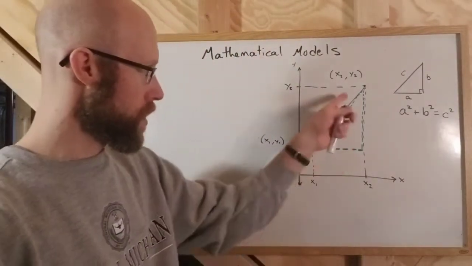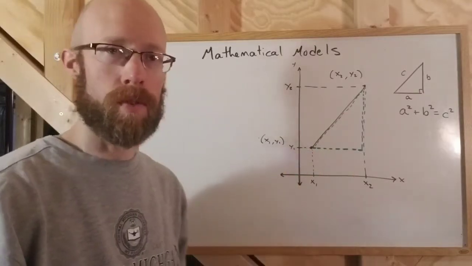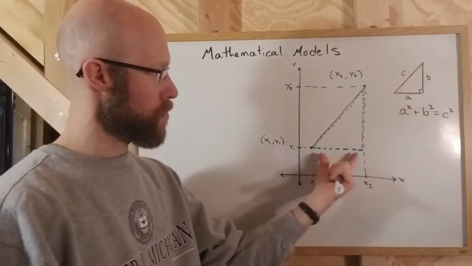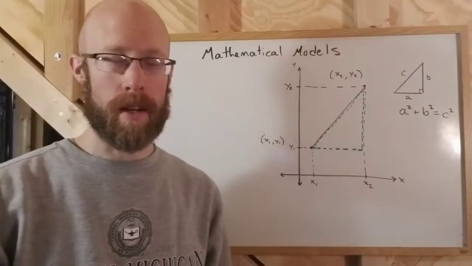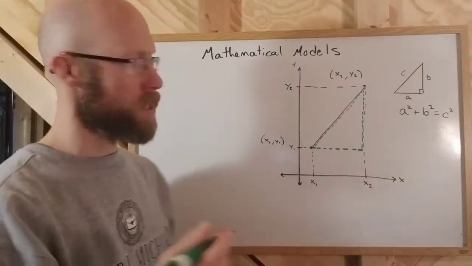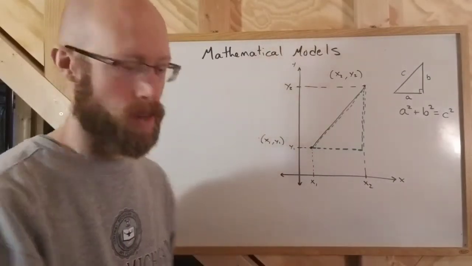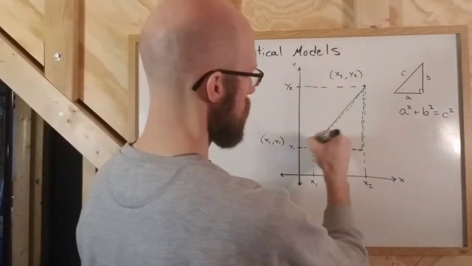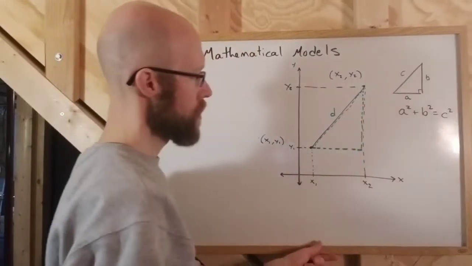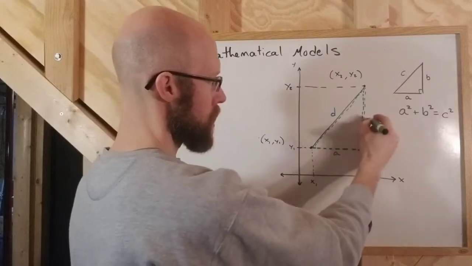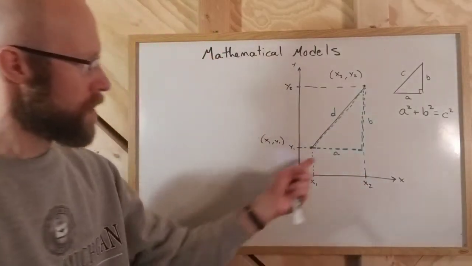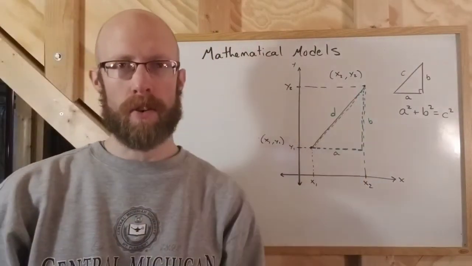The green triangle is the right triangle I'm referring to, and it has side lengths. Actually, instead of C, I'm going to call the hypotenuse D for distance. That's the distance between the 2 points. I'll put A and B down here: A is the horizontal side, and B is the vertical side.